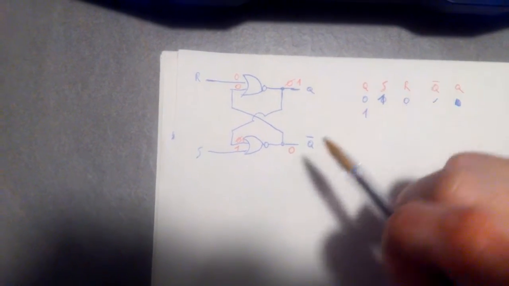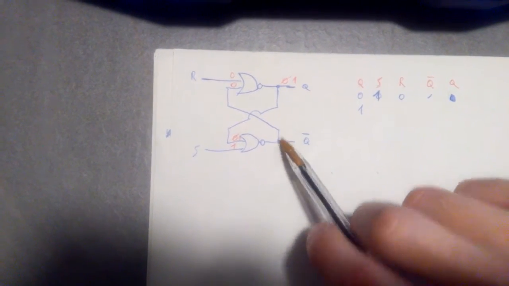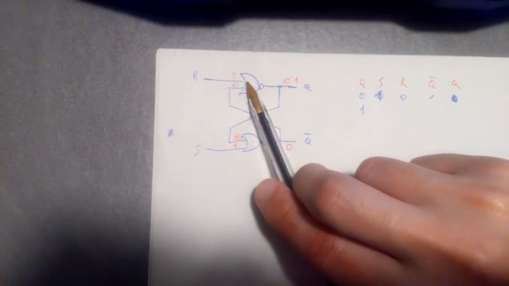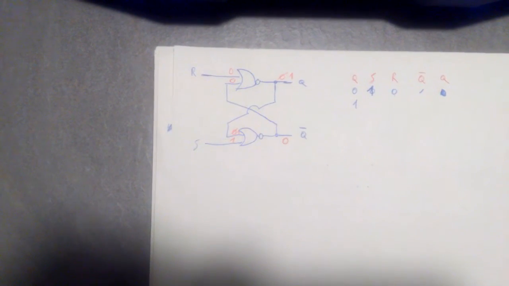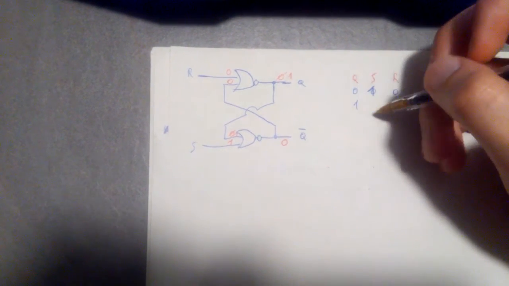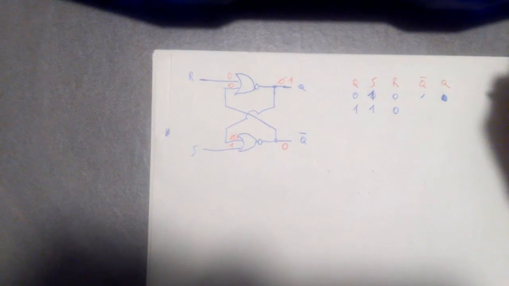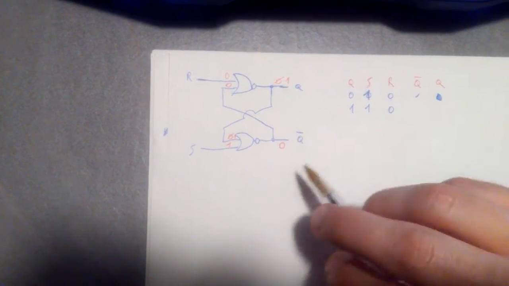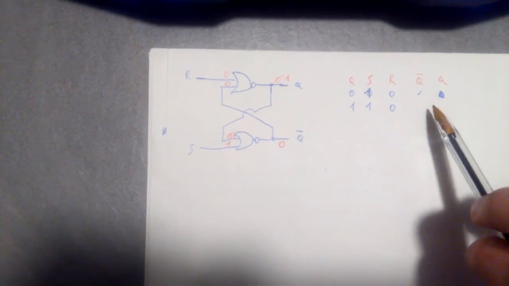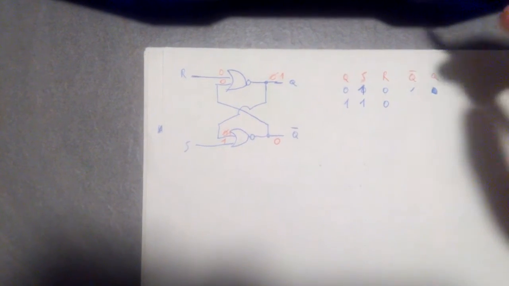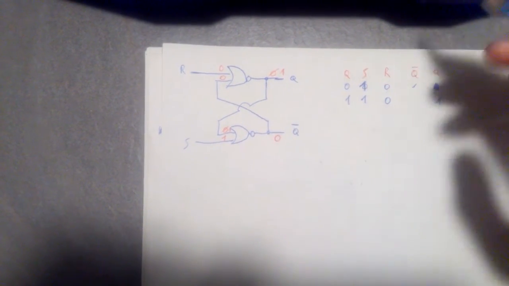So basically what's going to happen is that we have 1 and 1, which is 1, NOT it, and it's 0, so 0 is still going to be here. Therefore, if we have Q to 1, S to 1, reset to 0, Q is still going to be 1, and Q complement is still going to be 0.